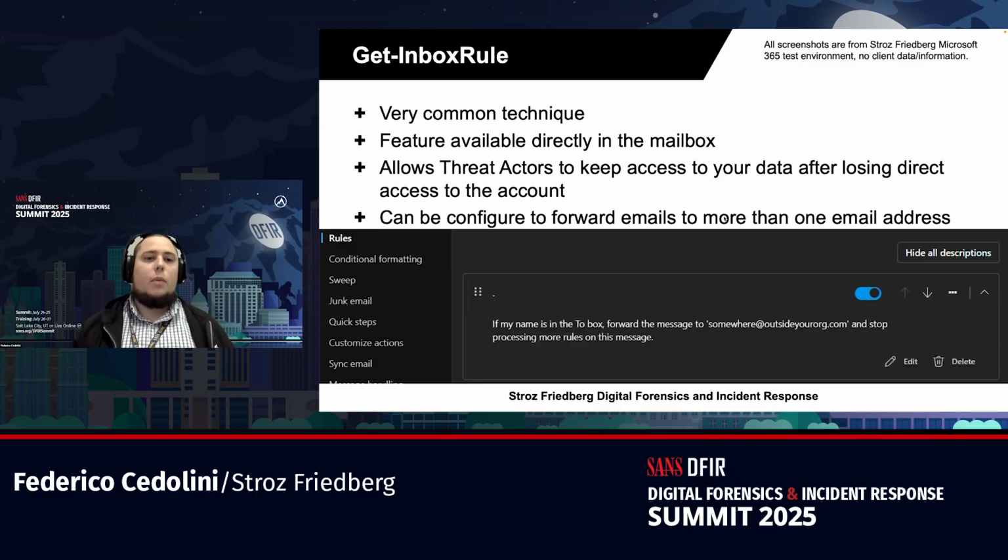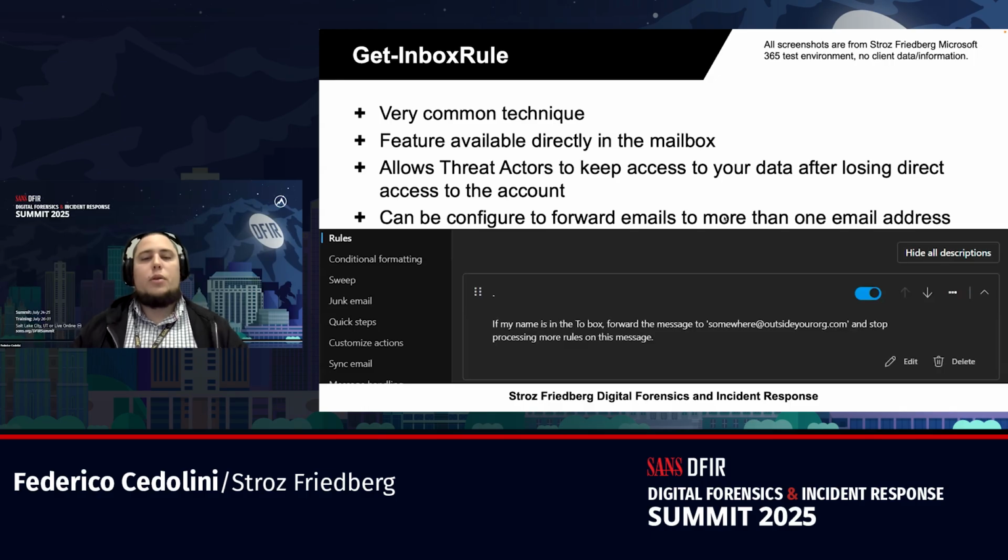Let's start with a very, very common one, and this one is inbox rules. Inbox rules are designed to perform actions, usually on new incoming emails. We generally see threat actors leverage these in virtually most BEC, business email compromises. We generally see them use this technique to obfuscate their activity by moving emails to folders that the user wouldn't generally be checking, such as the RSS feeds folder or similar folders.